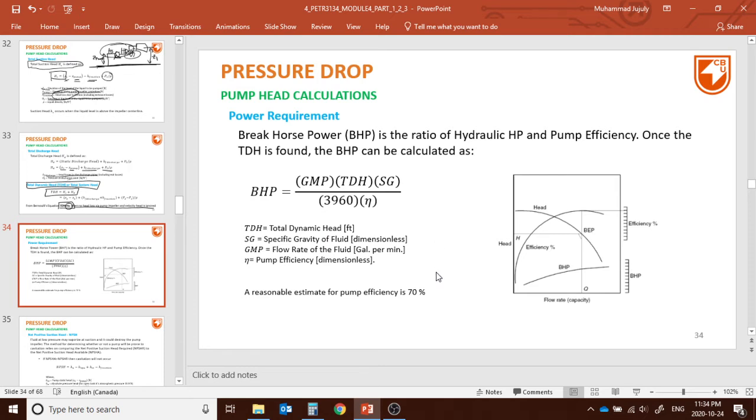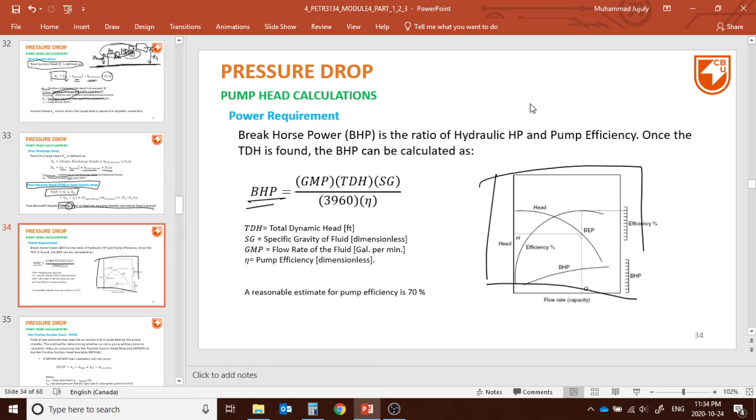Now, power requirement. Probably in section 3 you already learned that we need a specific power, and we have seen this graph. How much power would it require to raise the pressure? So what is the formula?